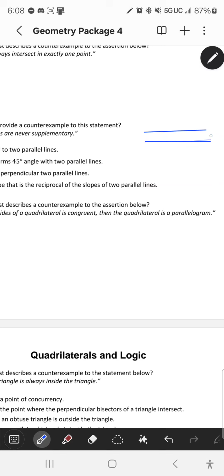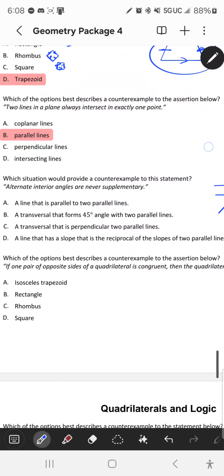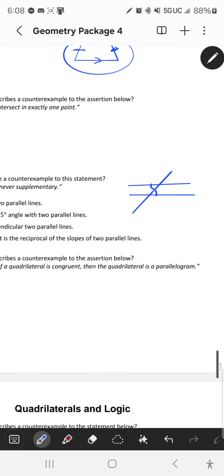I have this, a transversal. This 45, this 45. And when I add them together, 45 plus 45 is 90. And supplementary states that they add up to 180 degrees, not 90.